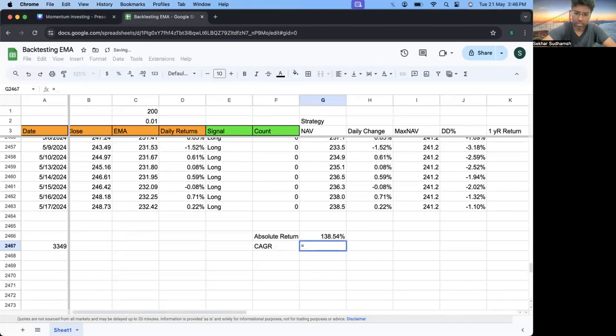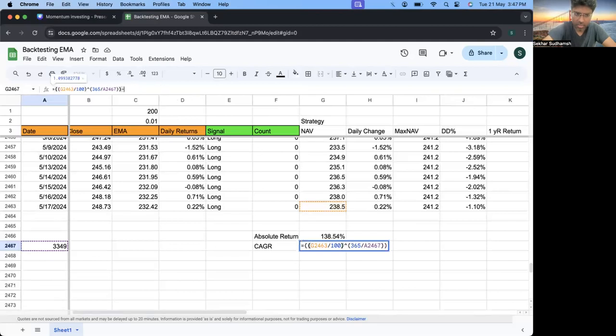To calculate CAGR, we'll use the final price divided by the initial price, raised to the power of 365 divided by this number, minus 1. So I'm calculating CAGR.